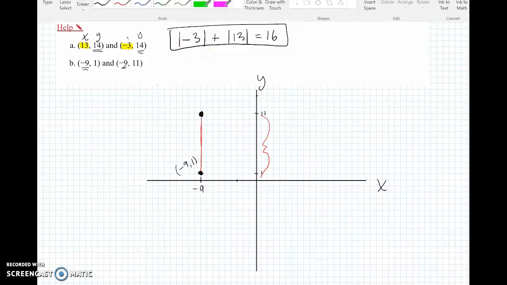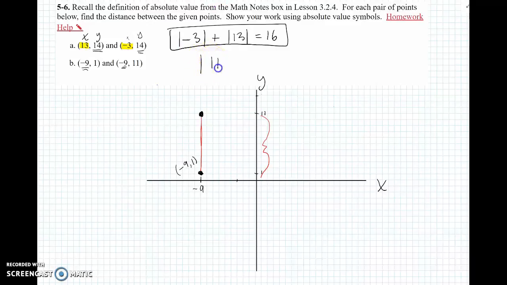So we've got the absolute value of 11, and then we're going to take away this distance here, minus the absolute value of 1. And we're saying, well, this whole distance is this distance here minus this distance here. If we get rid of it, what we're left with is the distance we're looking for.